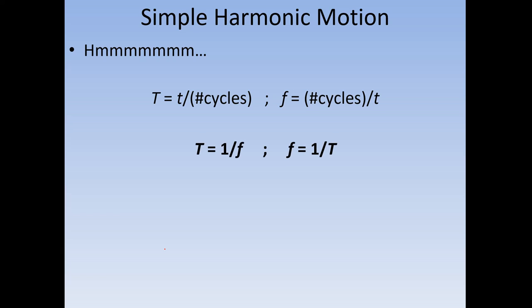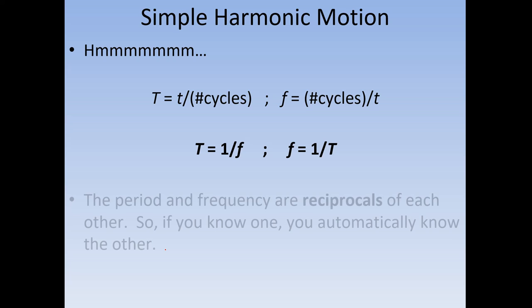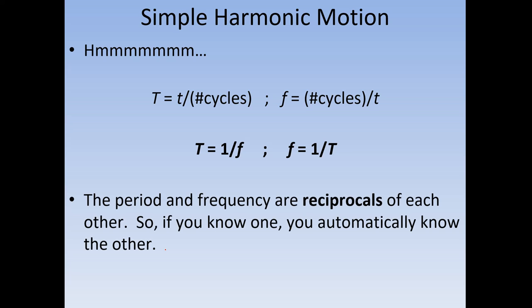Now, if we look at the equations, period equals time over cycles, and frequency is cycles over seconds. So that leads us into this definition. Now, this actually is an equation given on the reference table. Why? Because it's extremely important. The big takeaway is that period and frequency are reciprocals of each other.